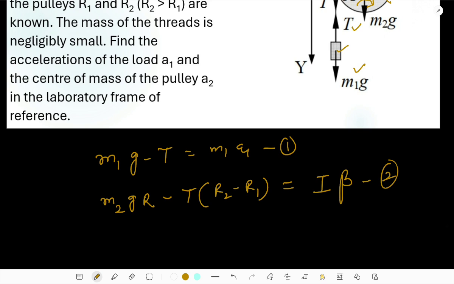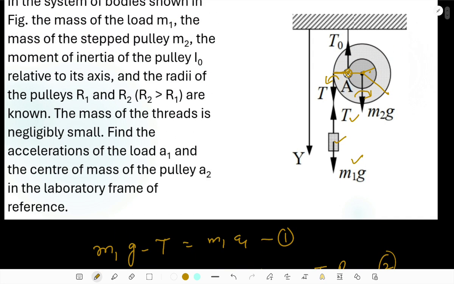And now what? T naught, the upper thread attached to the ceiling, is not producing any torque because it is passing through the axis of rotation.